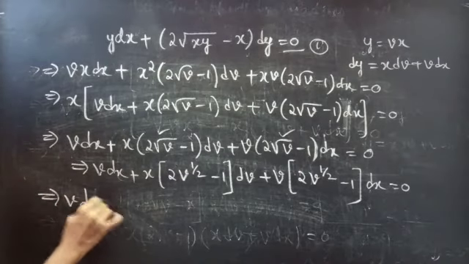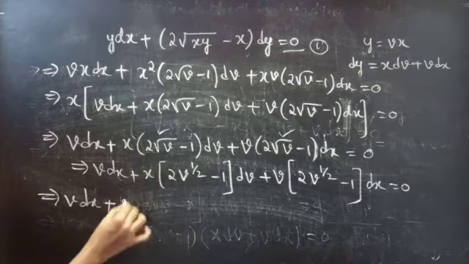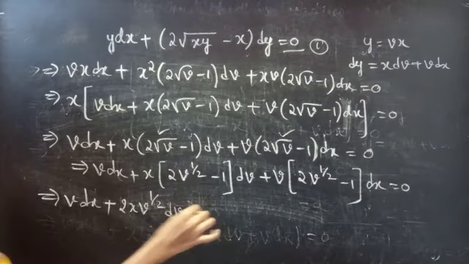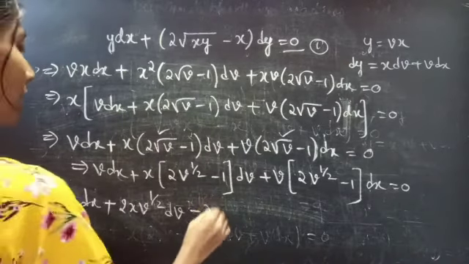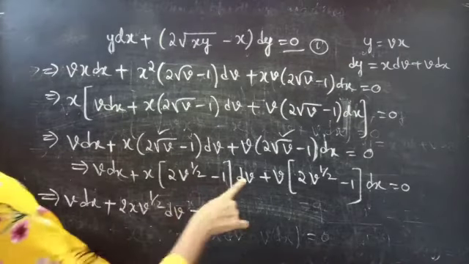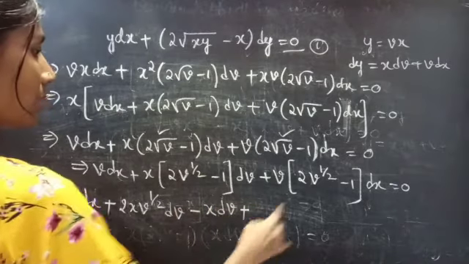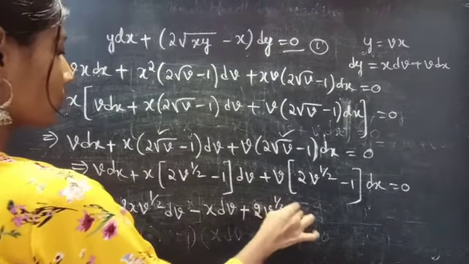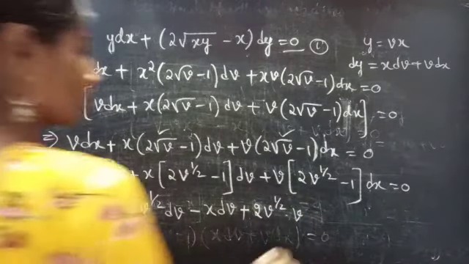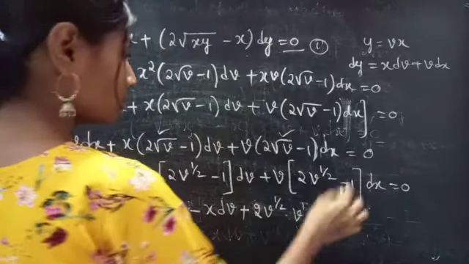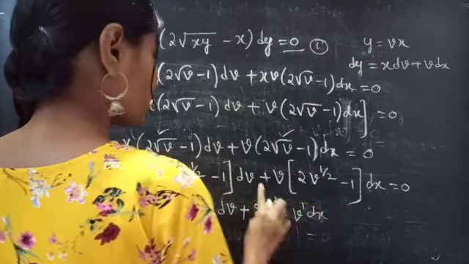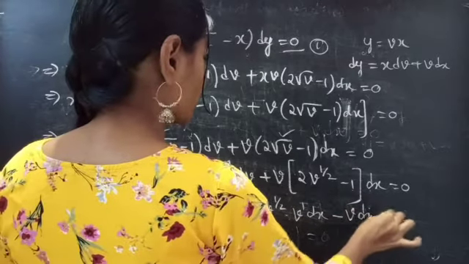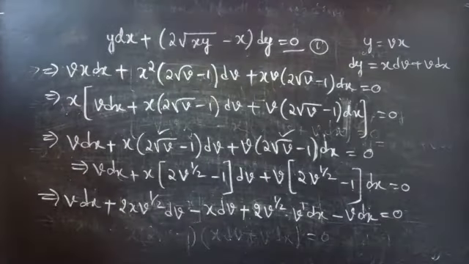Then v dx plus 2 into x into v power 1 by 2 into dv minus x dv plus 2 into v power 1 by 2 into v, or you can write v as v power 1, into dx minus v into dx equals to 0.